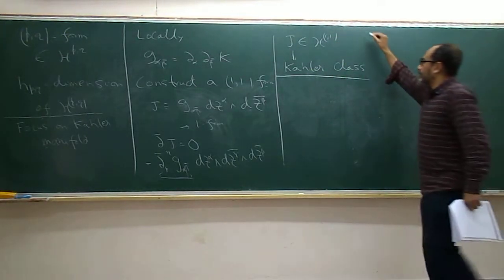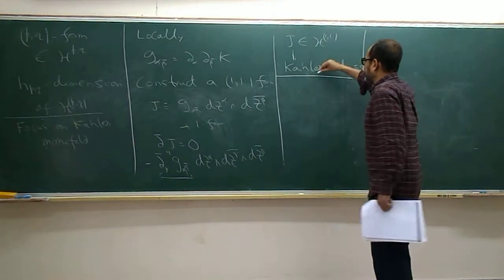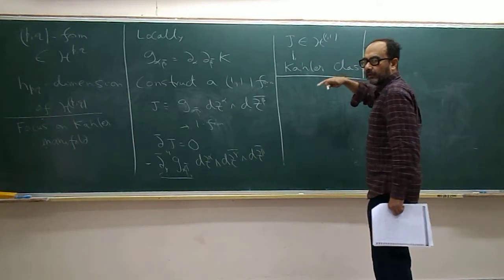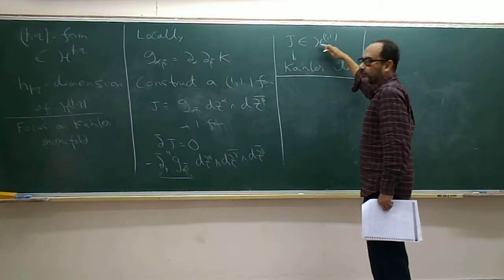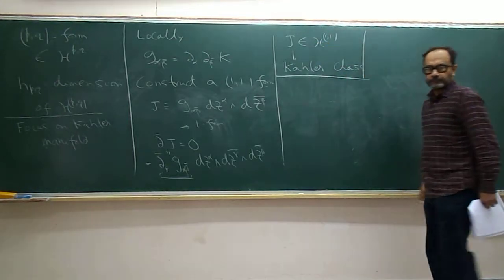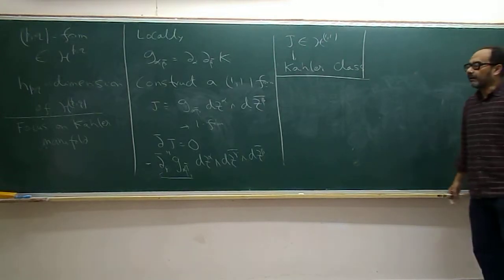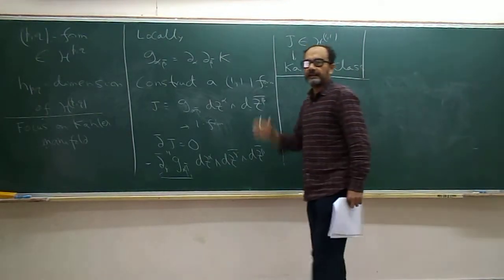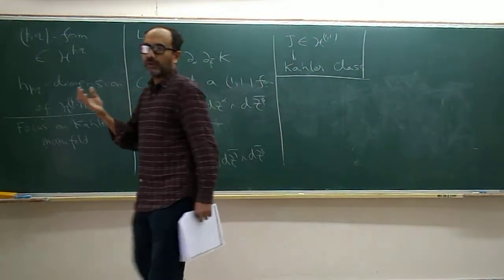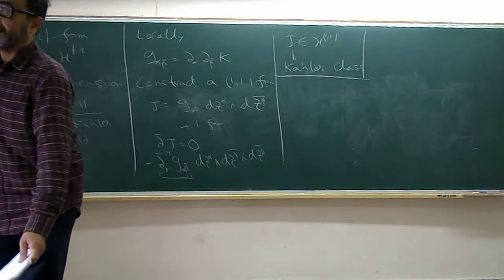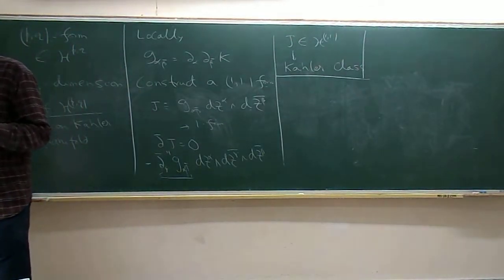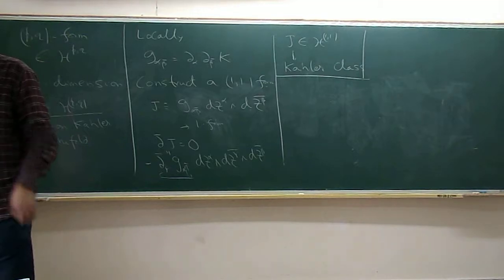So it is true that given a Kähler manifold, we can identify an element of H^{1,1} which is called the Kähler class. But it also goes the opposite way. Now you have to know that in the same complex manifold, can we change the Kähler structure? Can we pick a different Kähler metric?